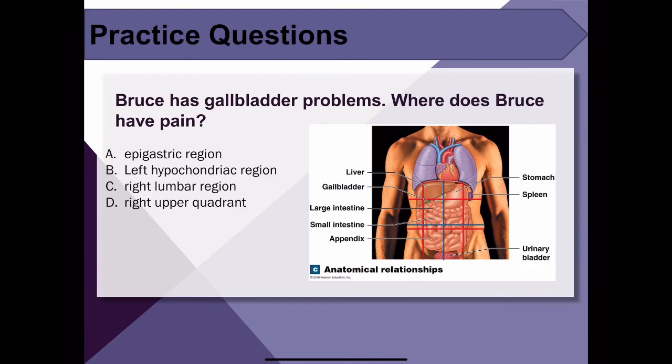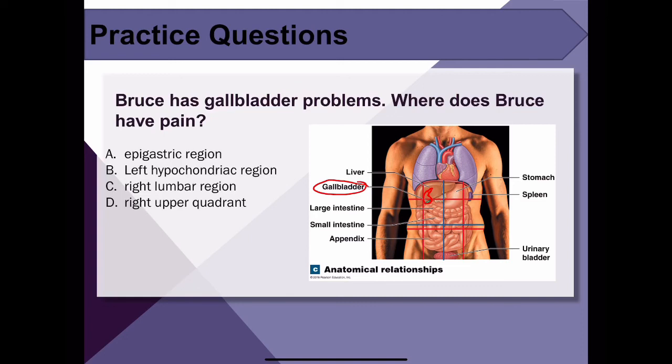Bruce has gallbladder problems. Where does Bruce have pain? On the exam, you're not going to get this image where all the organs are labeled, so make sure you know where the gist of these organs are in this image. And here's the gallbladder. The gallbladder actually sits behind the liver in the little pouch area. So in that particular region, what best describes where the gallbladder sits?